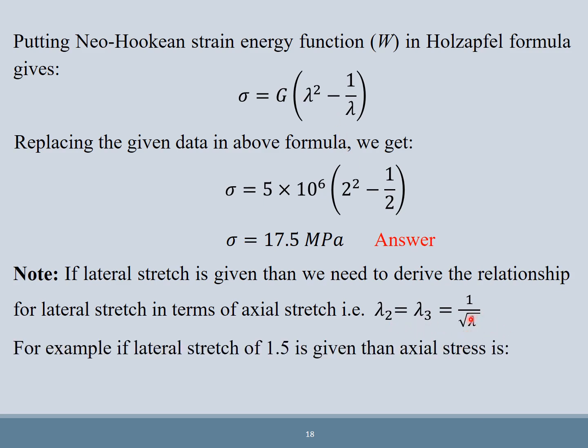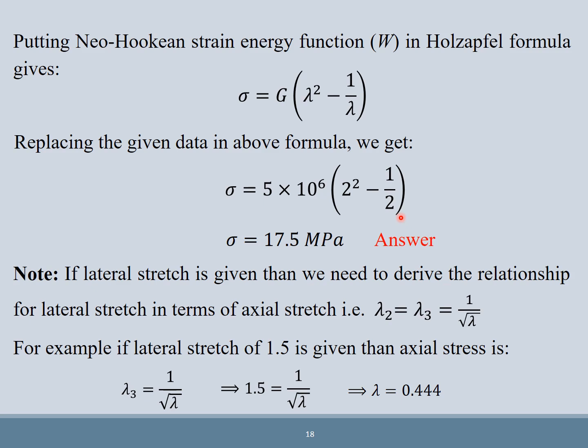So for example, if a lateral stretch of 1.5 is given, then the axial stretch basically, lambda 3 is equal to 1 upon lambda. So just put lambda 3 equal to 1.5 and solve for lambda. We get lambda comes out to be 0.444. So now we put lambda equal to 0.444 in this formula and simplify in order to determine the stress.